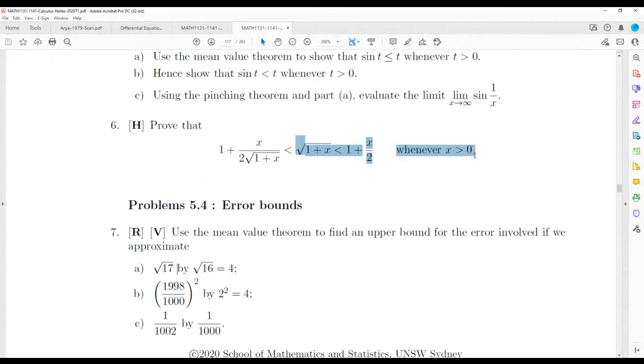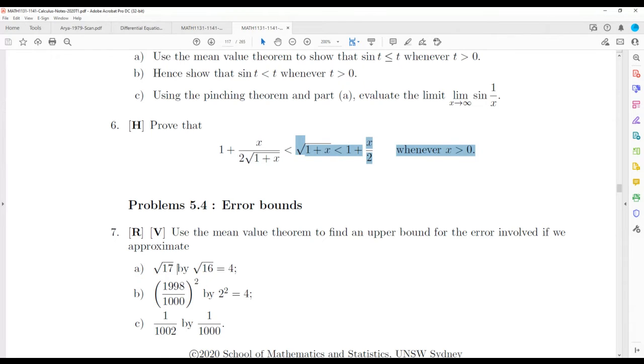And I'll prove half of this, right? So I'll prove one half and you can prove the other half. Okay, so let's prove this inequality first, and then I'll leave the other inequality for you to prove. Okay, all right.